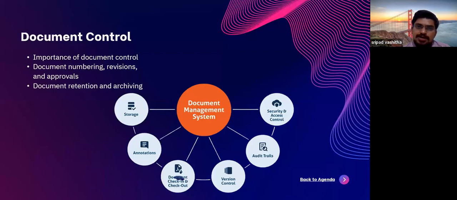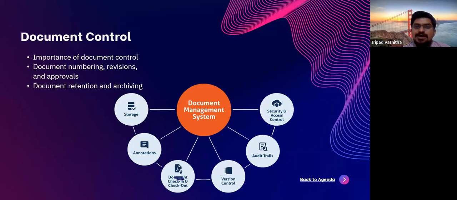Okay. Audit trails to that: who reviewed the document, who approved the document, who opened the document, who checked in the document, who checked out the document, and at what time. All of these have to be captured, and that is by default captured when you have your document management systems in place. Yes.